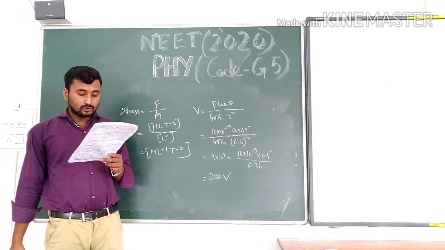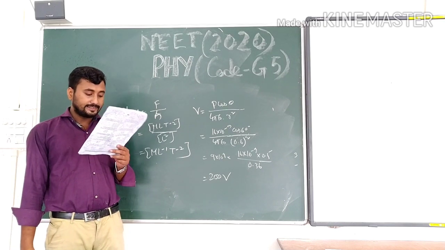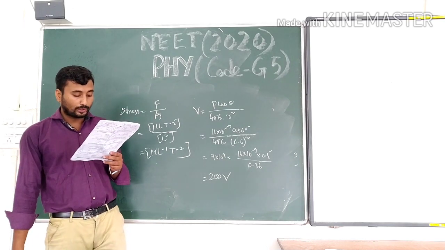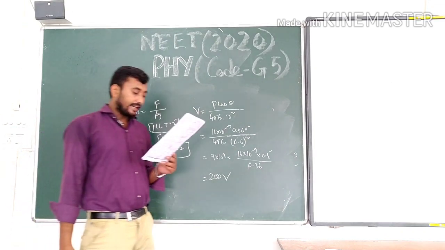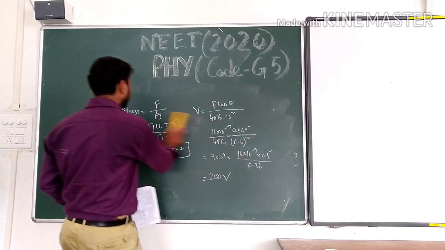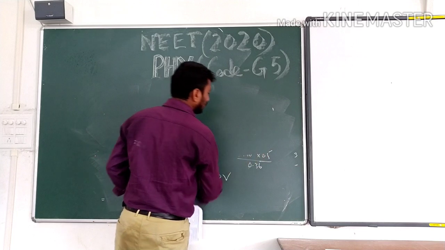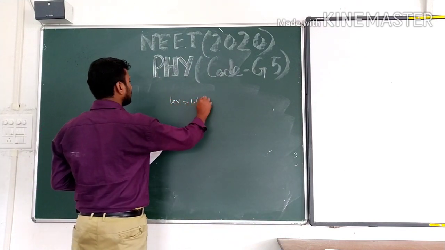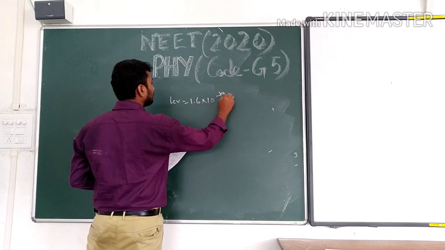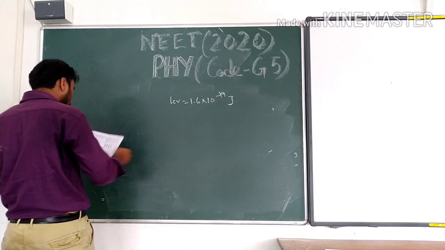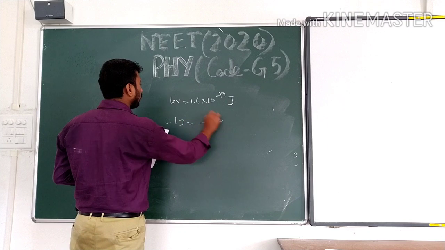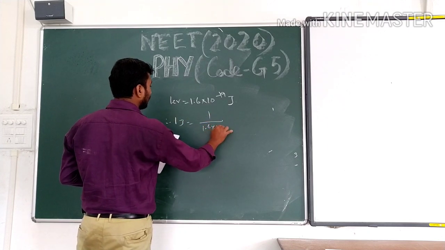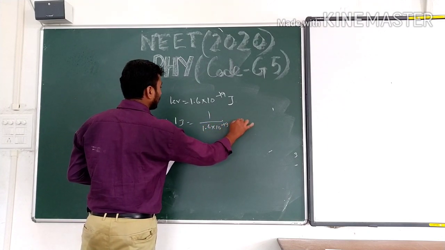The energy required to break one bond in DNA is 10 to the power minus 20 joule. This value in electron volt is nearly. So we have one electron volt equal to 1.6 into 10 to the power minus 19 joule. So 1 joule equals 1 by 1.6 into 10 to the power minus 19 electron volt.